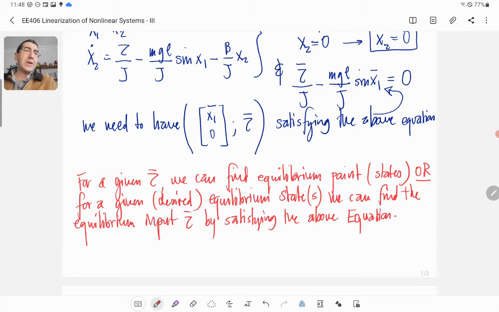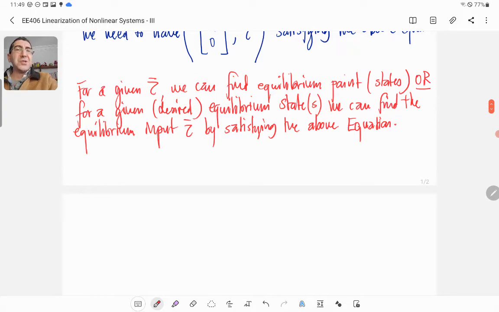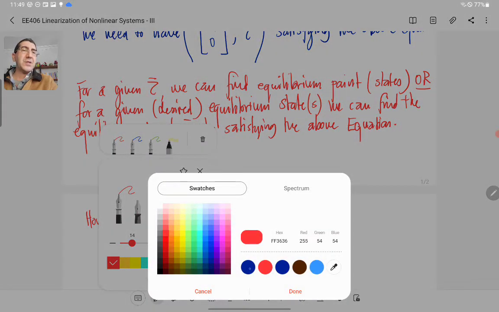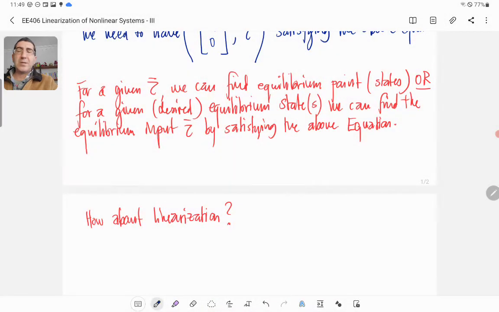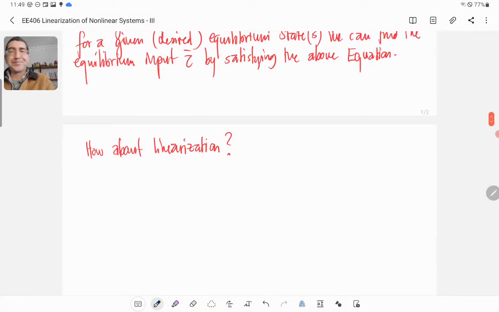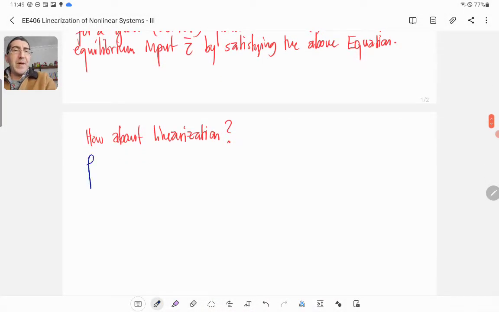Okay, now how about linearization? That means finding the linear approximation to this nonlinear function around a chosen equilibrium. First of all, remember that we now have a function of both the state and the input.